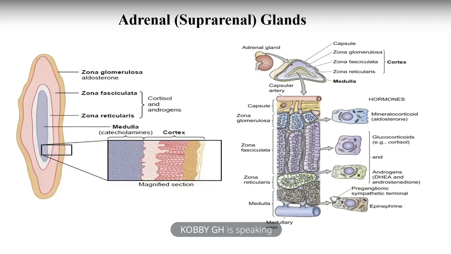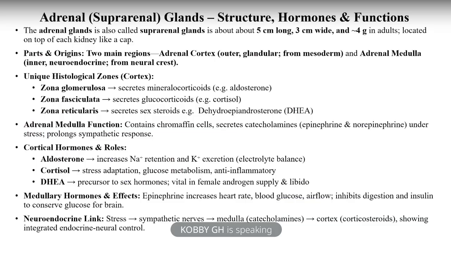When we are looking at the zones of the gland, the 2 main zones or regions are the medulla and what? The cortex. Then the cortex is also divided into 3 subzones. When we are talking about the zones, remember, don't talk about the capsule here.